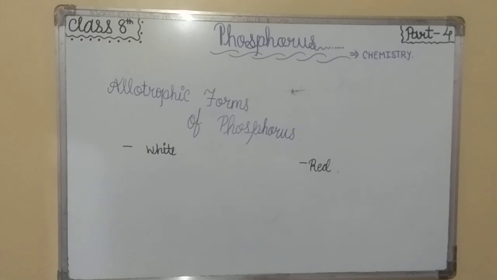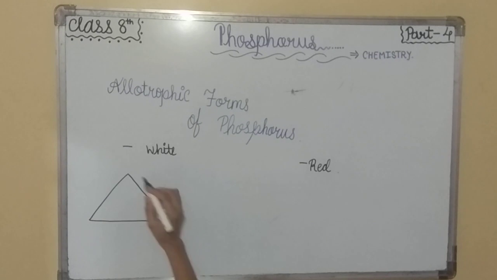Phosphorus is tetraatomic. In white phosphorus, the 4 atoms of phosphorus are linked.